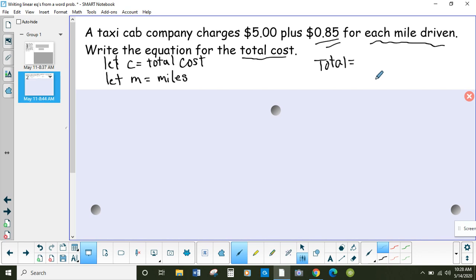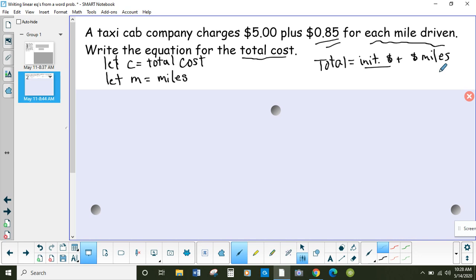And this is one of those two types of problems, right? Either I'm adding stuff up to equal a total or something equals something else. That's really all we got to worry about. So the total is initial charge, right? Initial charge means the first one. What do they charge just to get into the cab? Initial charge and how many miles, right? Money for miles. That's what the total is.